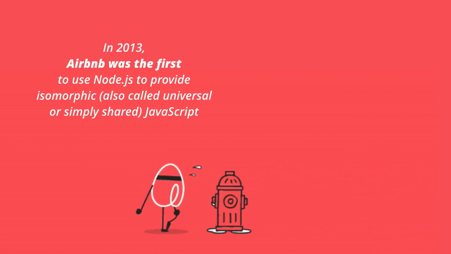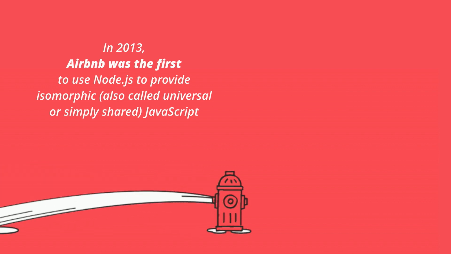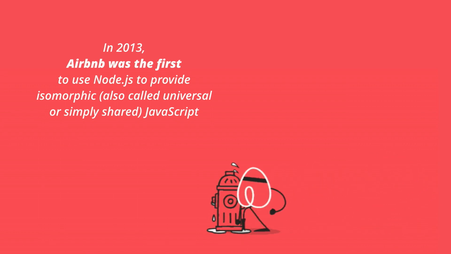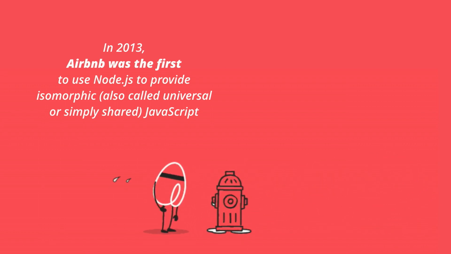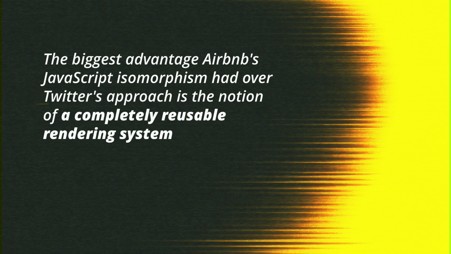And in 2013, Airbnb was actually the first large organization to use Node.js. They used Node.js to do isomorphic JavaScript, shared JavaScript on the server and on the client. That was a huge advantage because it was a lot less prone to errors, as it used the same reusable rendering system on both the server and the client.